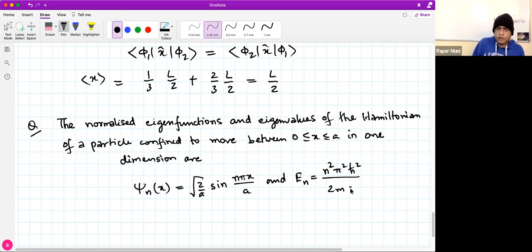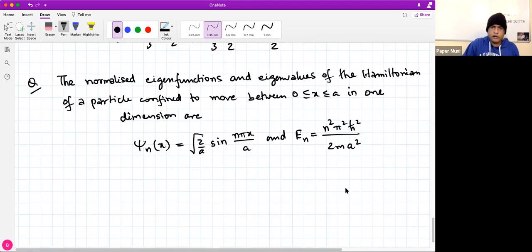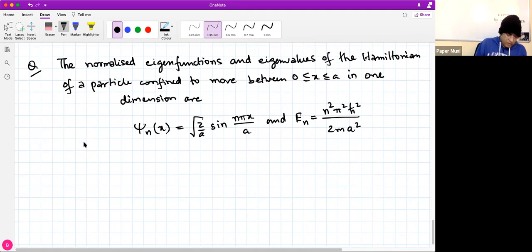The width is given to be a. They are talking about the wave function and the energy eigenvalue respectively, where n is equal to 1, 2, 3. Again, it's the obvious thing which you already know by now.